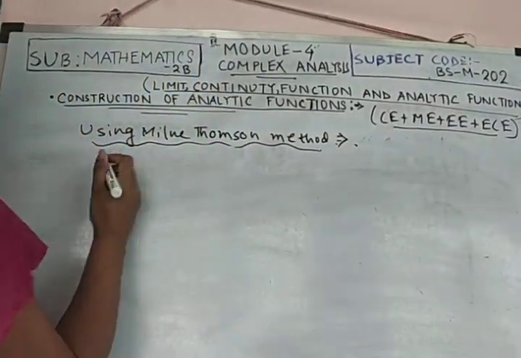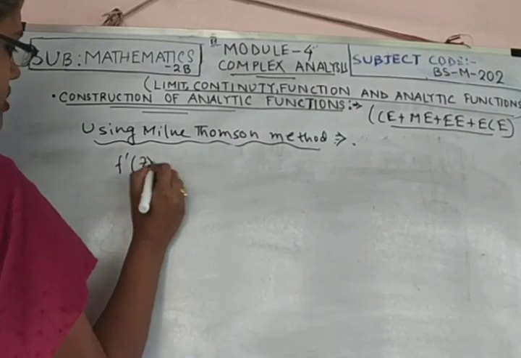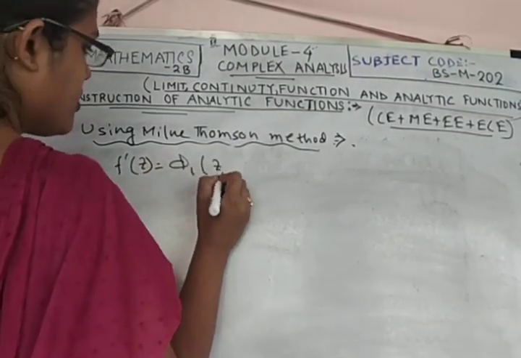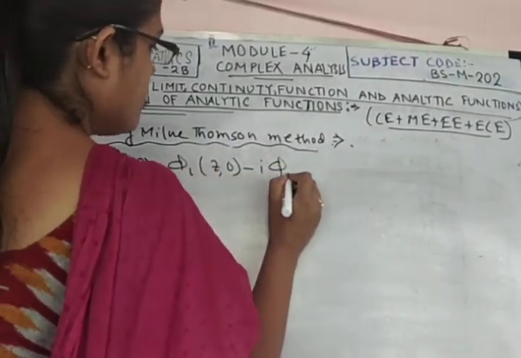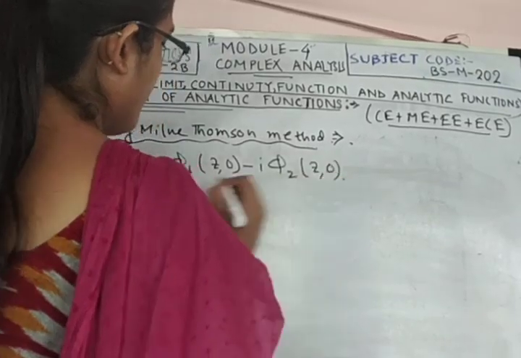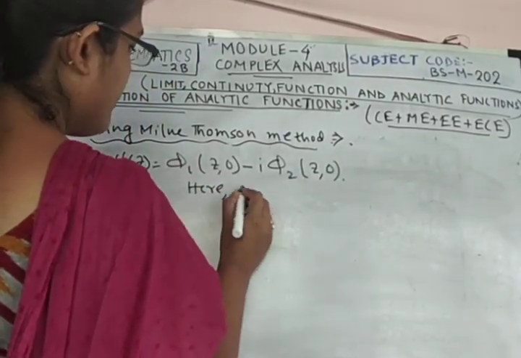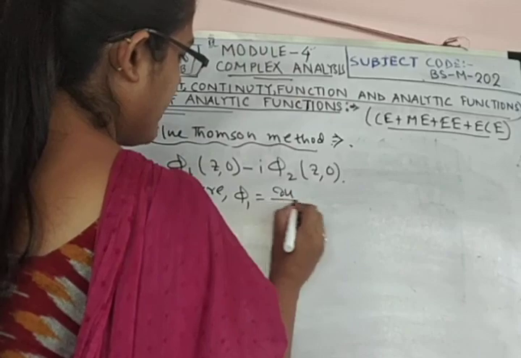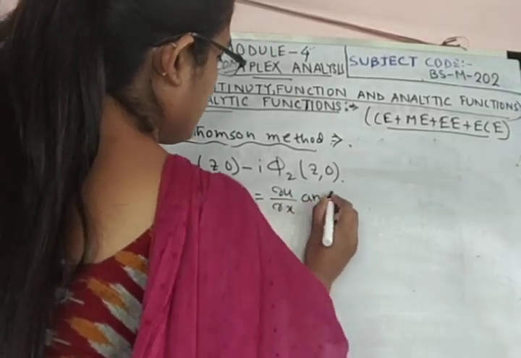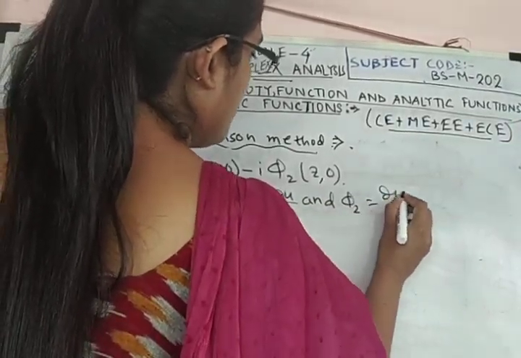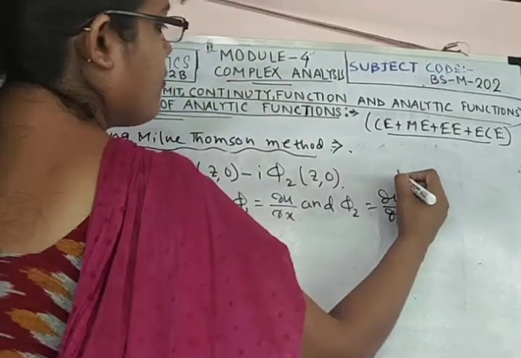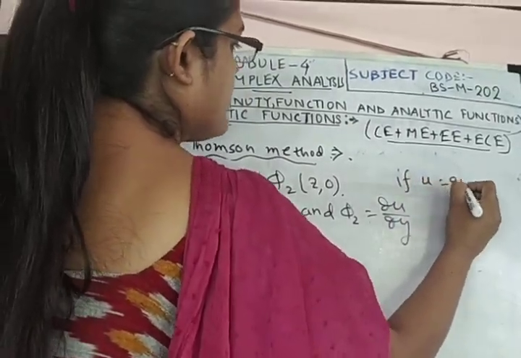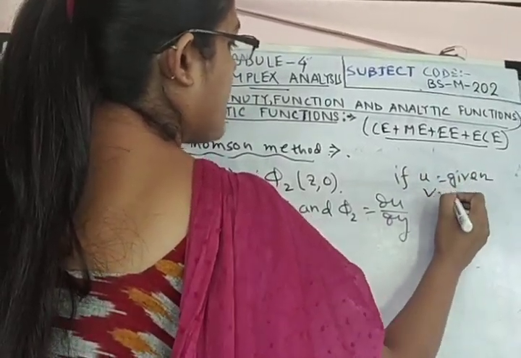So if one of these is given, then one can find the other using Milne-Thomson method. The formula is f dash z equals phi 1 (z, 0) minus i into phi 2 (z, 0). Here phi 1 equals del u by del x and phi 2 equals del u by del y. If u is given, that is known and v is unknown.